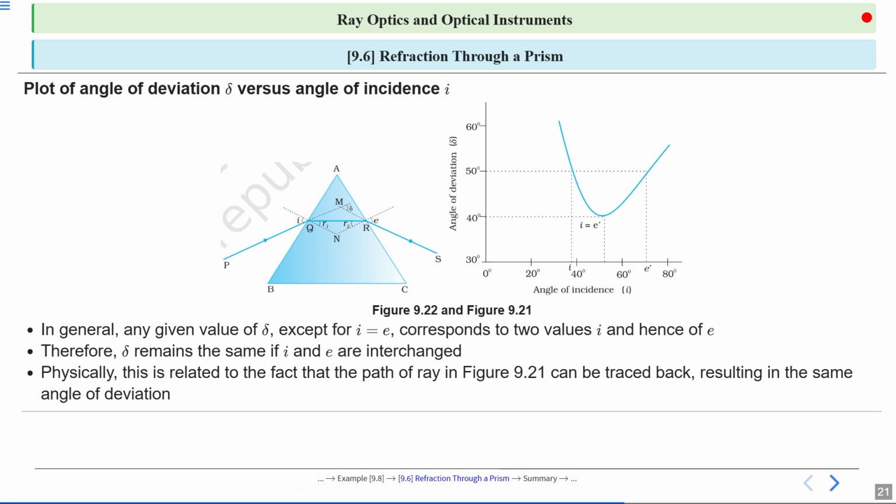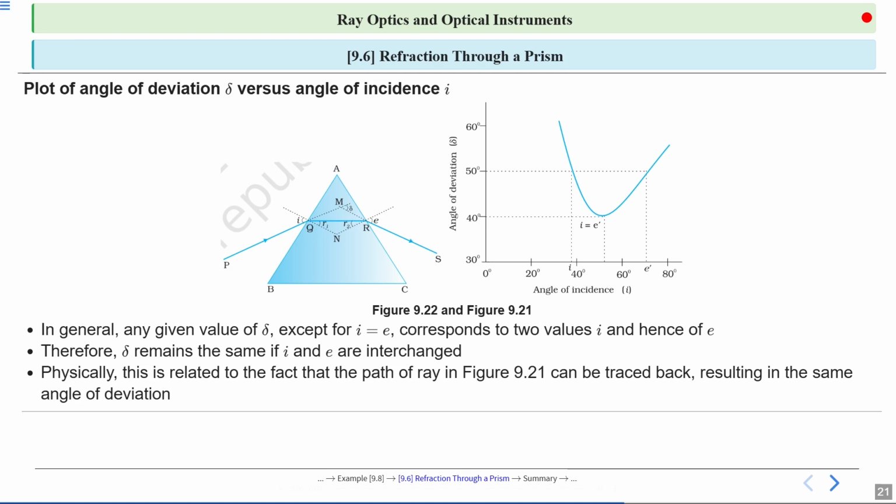For any other value of angle of deviation except this, there are two values at which the graph is intersecting. If we draw a line parallel to the x-axis from any angle of deviation except the minimum, it will cut the graph at two points corresponding to the angle of incidence and the angle of emergence.